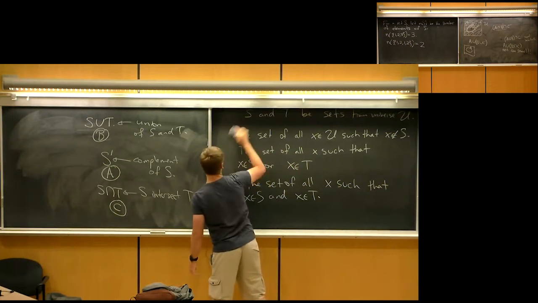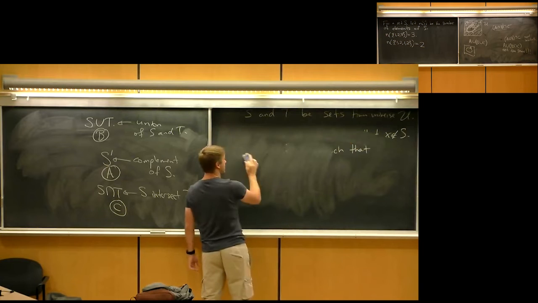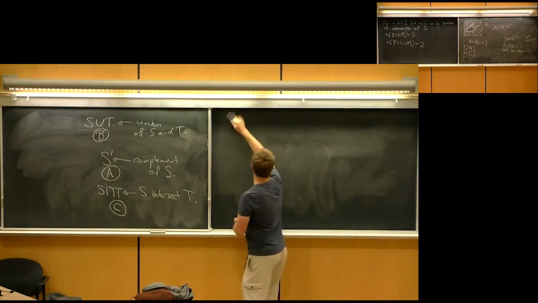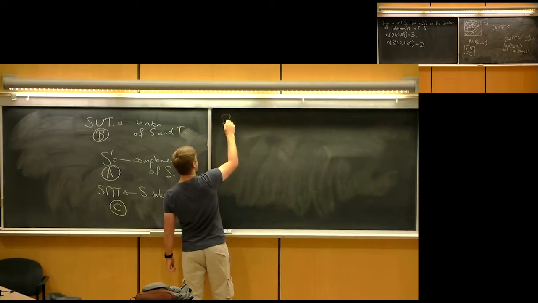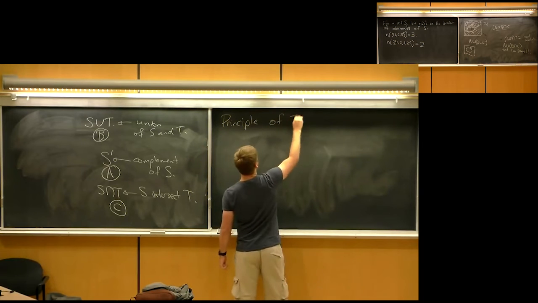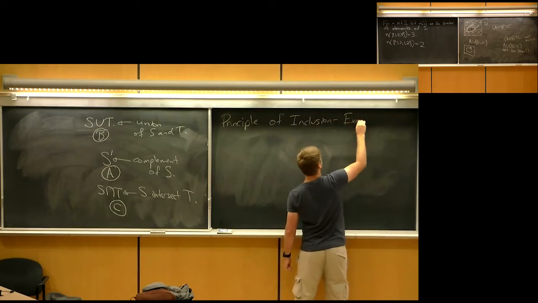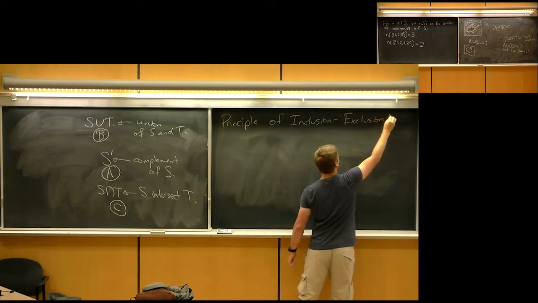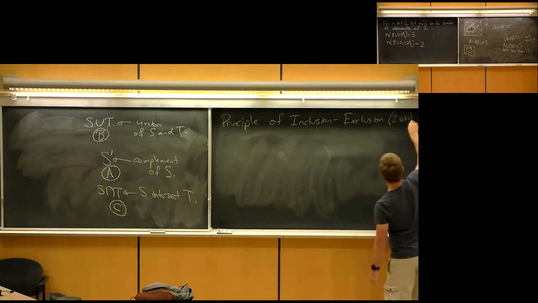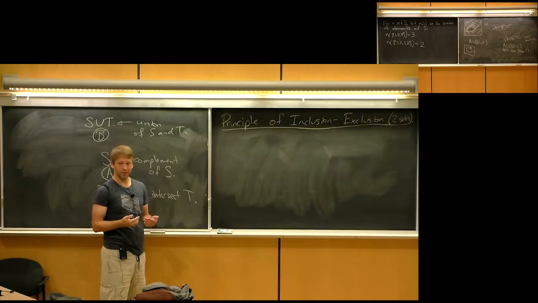Let me now tell you about a nice formula for computing the number of elements in a union of two sets. This is something known as the principle of inclusion-exclusion. Specifically, this is the version for two sets, and later I'll show you how it works for three sets.